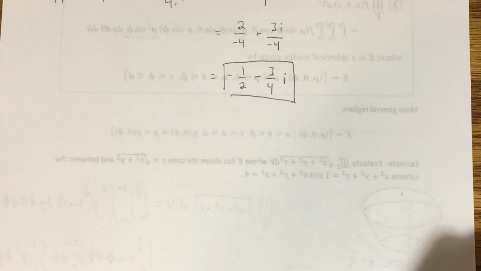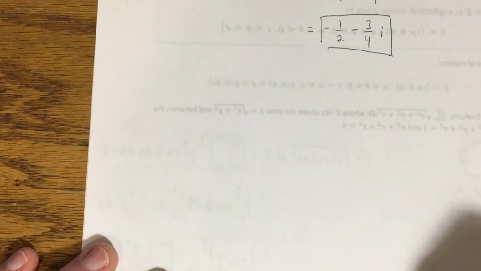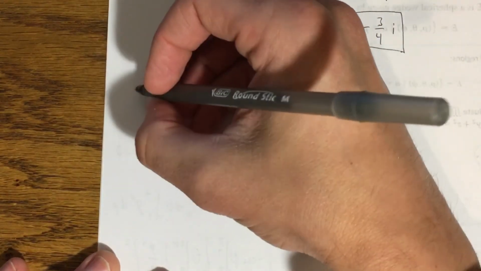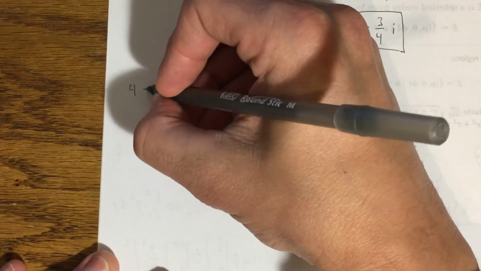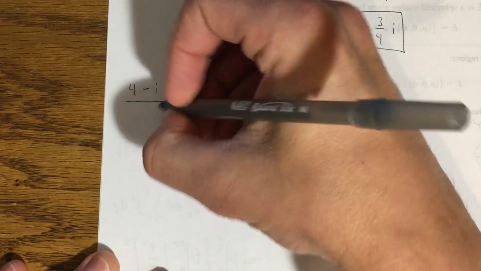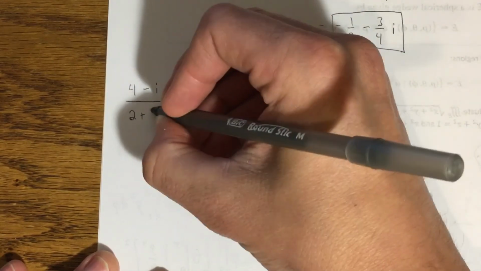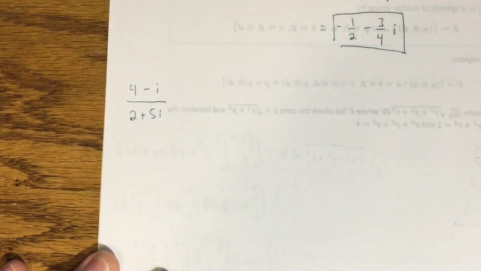Okay, let me try that with an example where the denominator is a tad more complicated looking, just a little bit. So let's try this: 4 minus i over, let's say, 2 plus 5i, something like this.